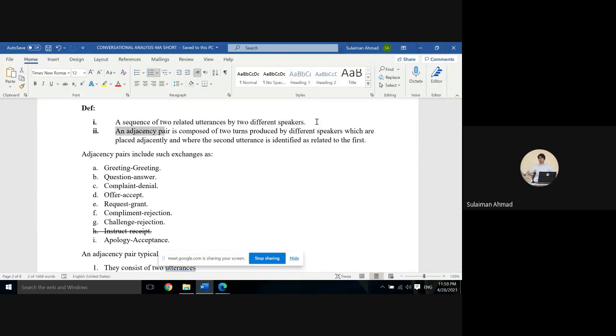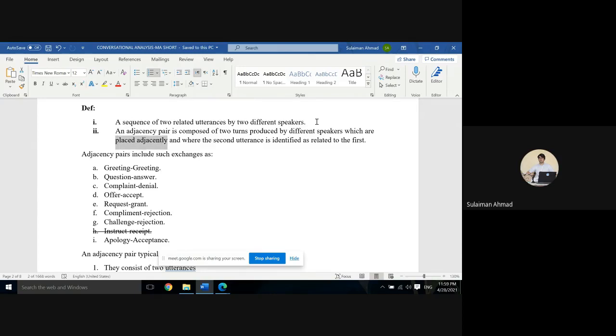An adjacency pair is composed of two turns produced by different speakers, which are placed adjacently and where the second utterance is identified as related to the first, right? There must be two turns, remember. They must be produced by two different speakers, right? And those two utterances must be placed adjacently.